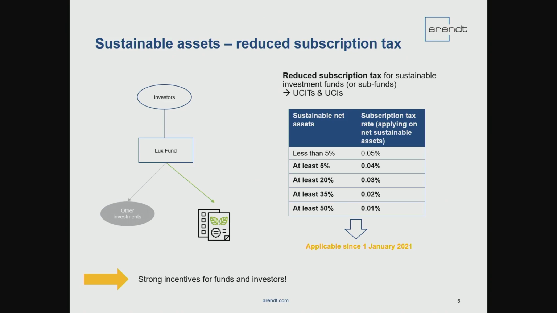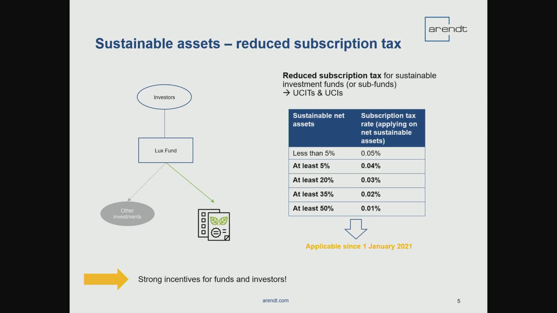Only if at least 5% of your portfolio within the fund consists of sustainable net assets do you have a reduction from 5 basis points to 4 basis points. If at least 20% of investments are made in sustainable net assets, then the reduction goes to 3 basis points.